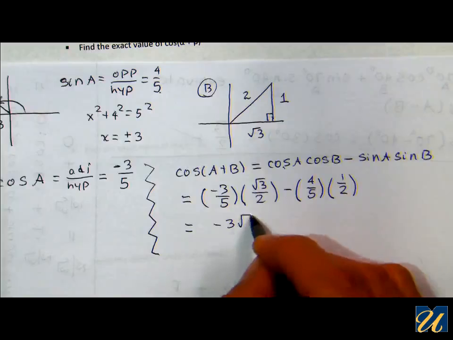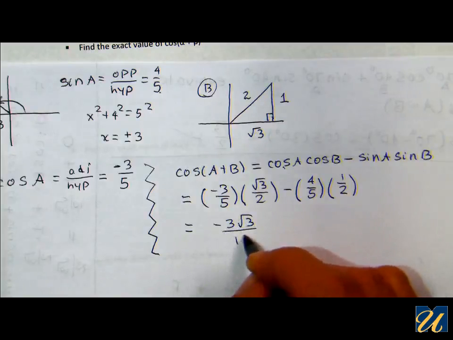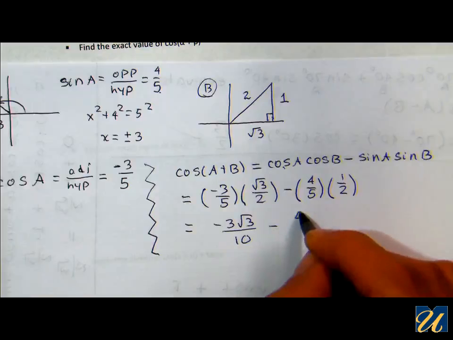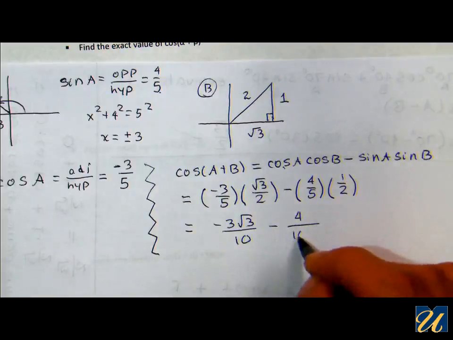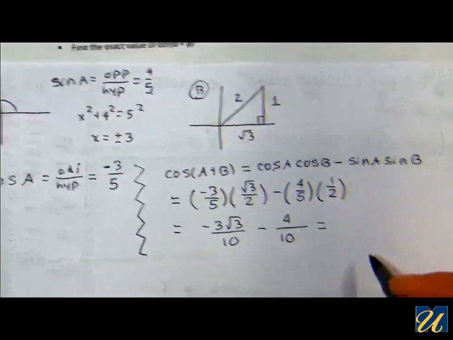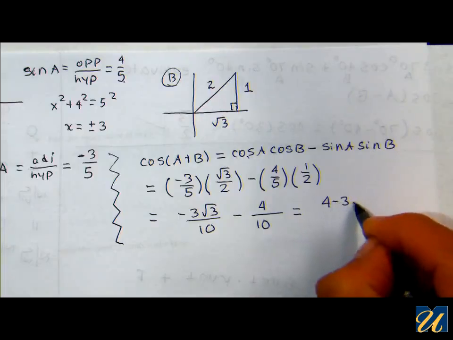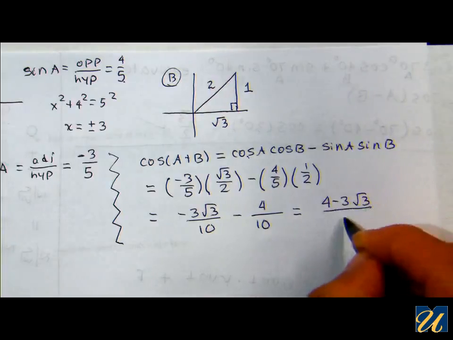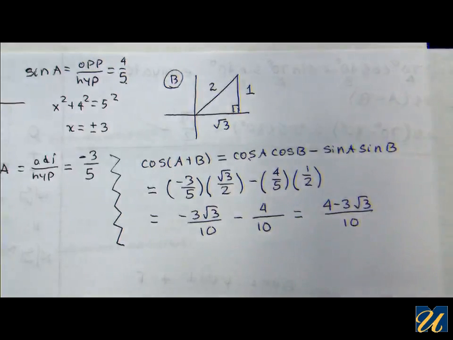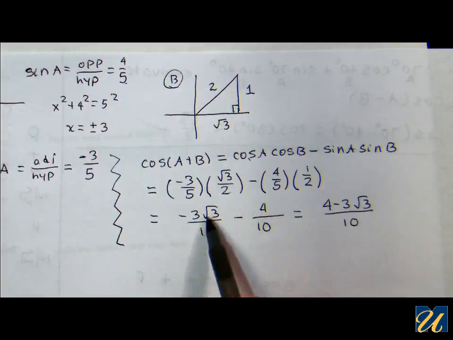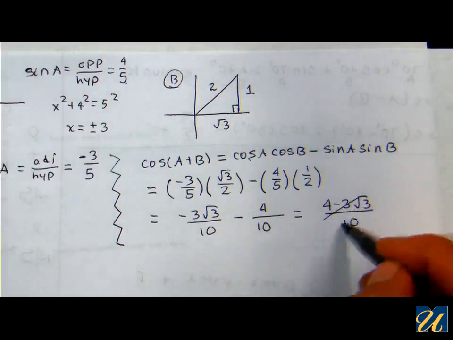Negative 3 times root 3 divided by 10 minus 4 times 1 is 4 divided by 10. Compress this down to a single fraction, so we could write 4 minus 3 root 3 all divided by 10. I reversed this because this is negative and, oh, whoops, that's a mistake.